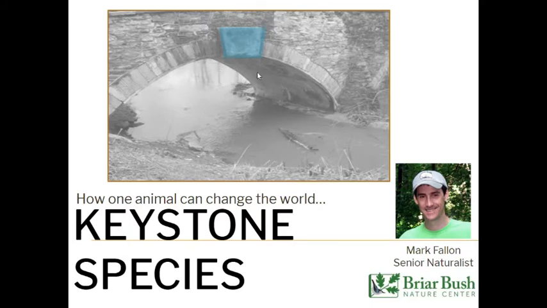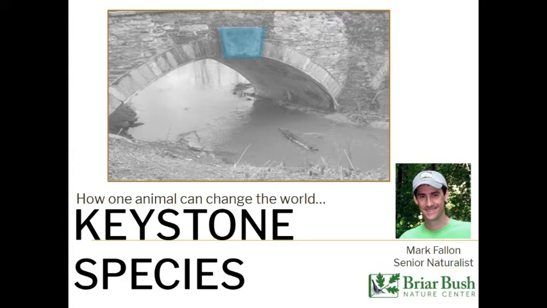That big center stone will take the compression of the arch and keep it from just falling apart. So when ecologists talk about keystone species, they are talking about a species, a plant or animal, that has an outsized role in holding an ecosystem together, or at least keeping it healthy.